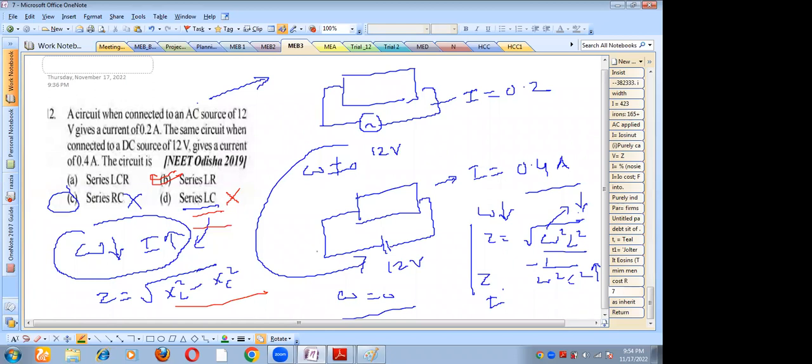When the phase is 90 degrees less than the ideal, right? We know that in case of LR circuit, phase is lagging. Yes, sir.